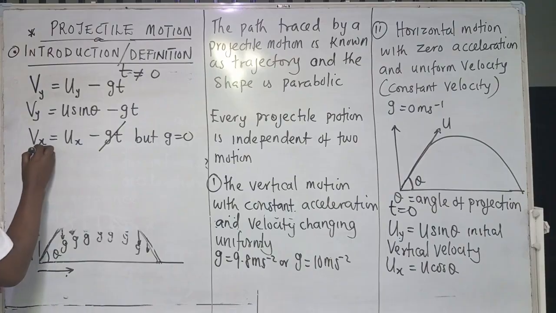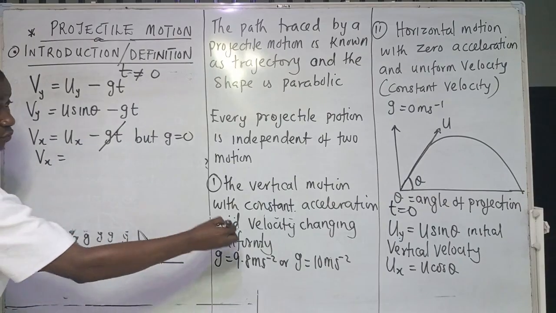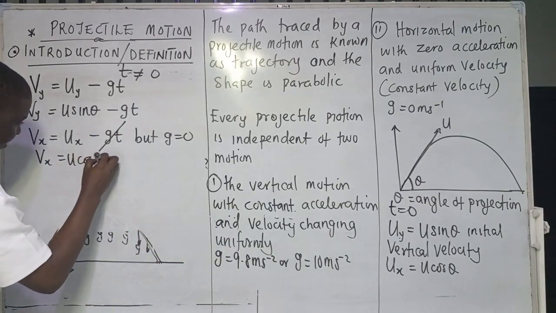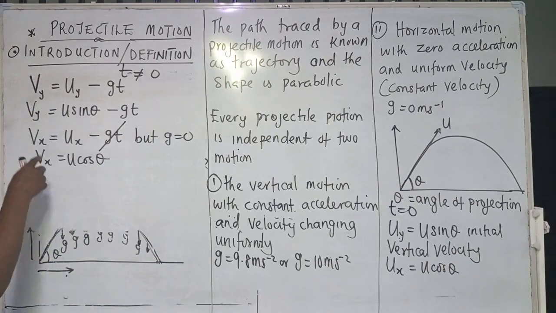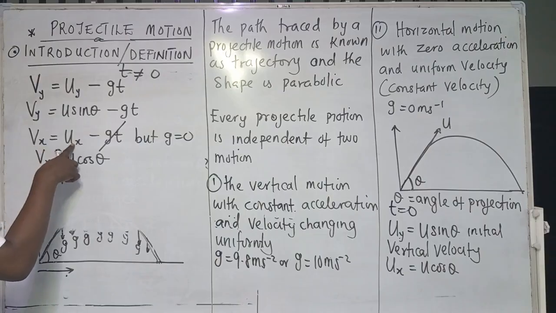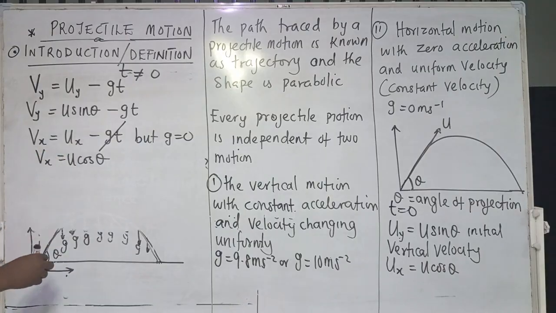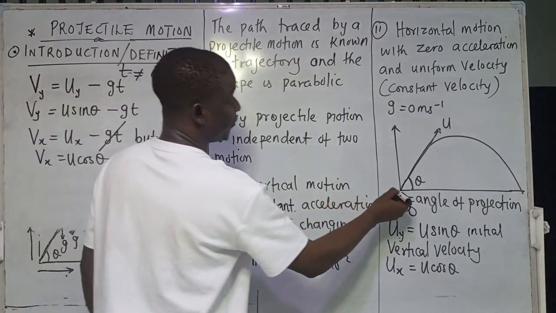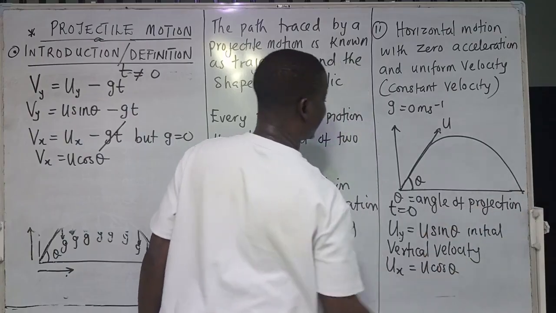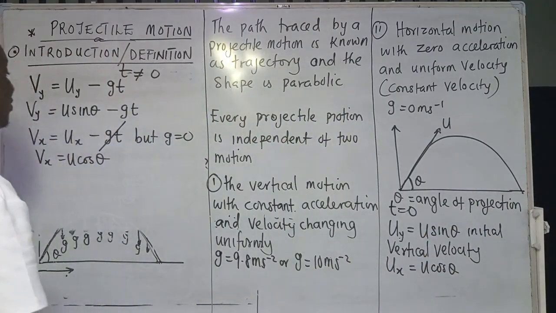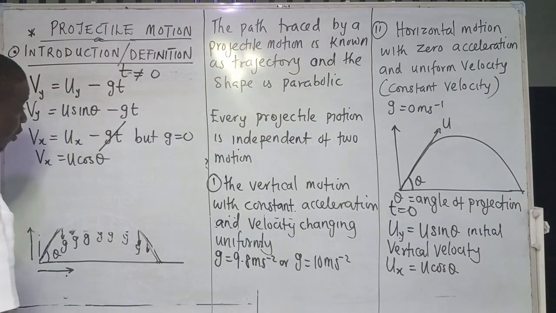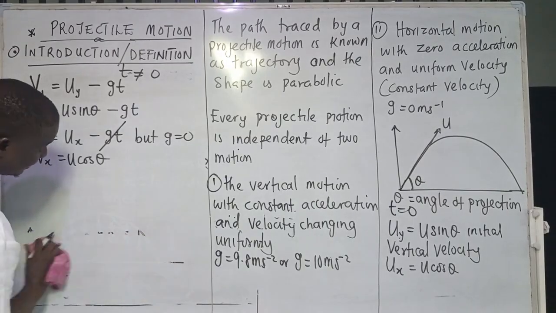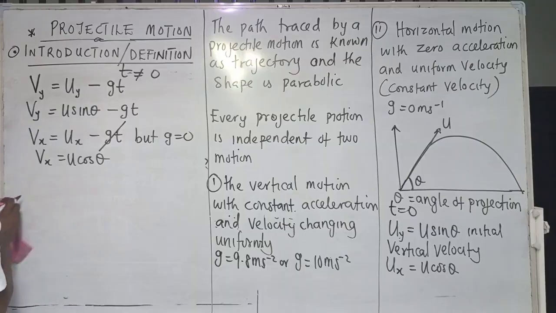So that means Vx equals Ux, which is u cos theta. So for horizontal motion, your final velocity along the x-axis is equal to the initial velocity along the horizontal component. That means the initial and the final velocity along the horizontal are the same. It does not change.